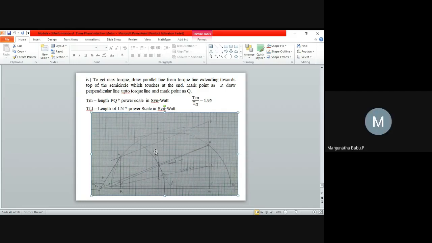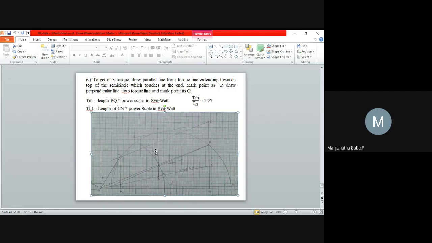So 1.74 is the ratio of maximum torque to full load torque. That is the fourth point we have to find. So maximum torque is equal to 1.74 times the full load torque.